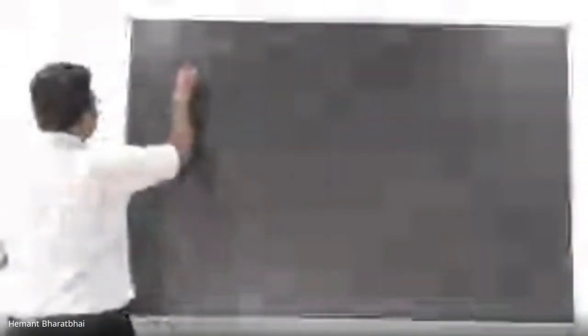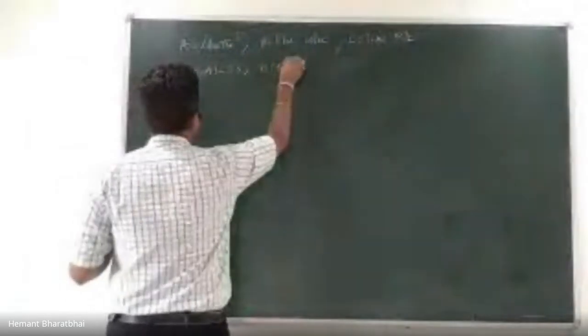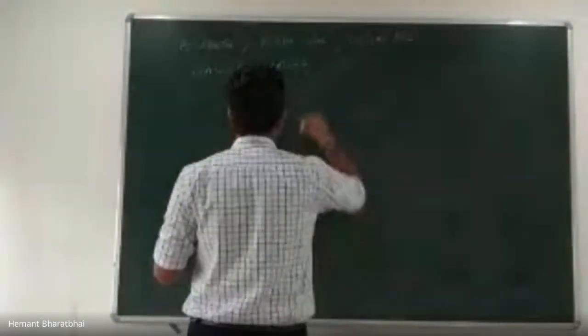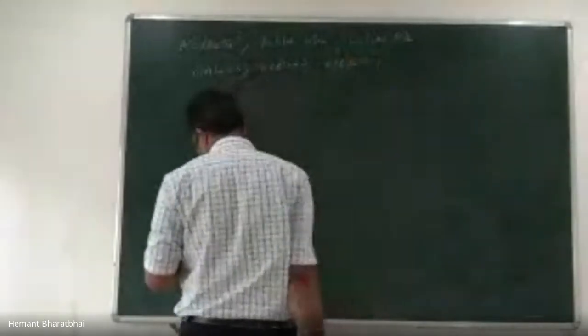So in our hostel, 25 students take tea. So n of A is 25. 20 students take coffee. So n of B is 20. 15 students take milk. So n of C is 15.